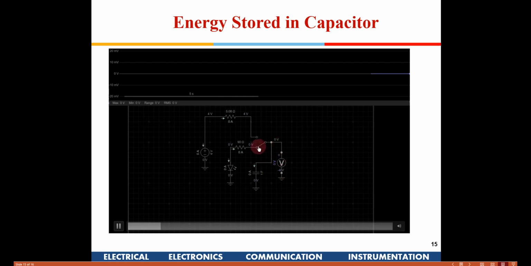Okay, so I am going to switch this switch to the on position, so as to enable the charging of this capacitor. This capacitor is going to get charged through this resistor, and we will see what the timeline is where it gets charged. Presently it's showing 0 ampere out here. So let me just switch it on.